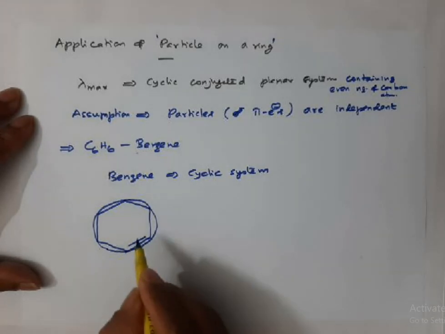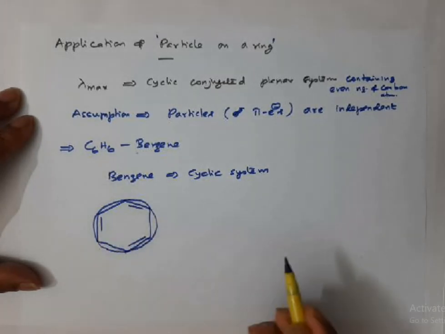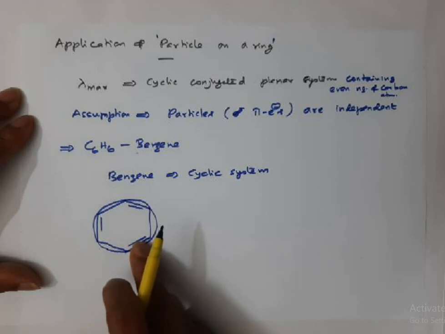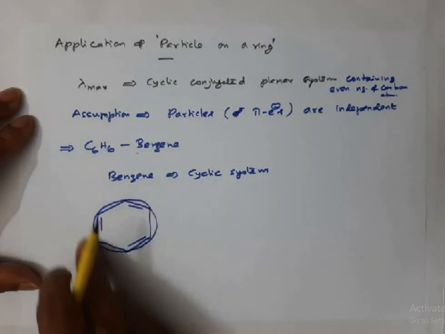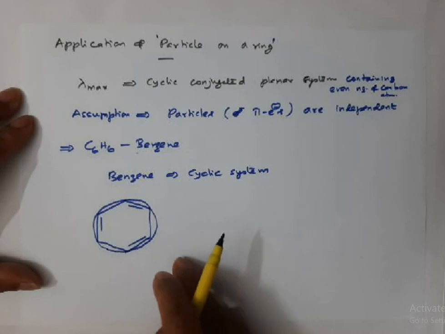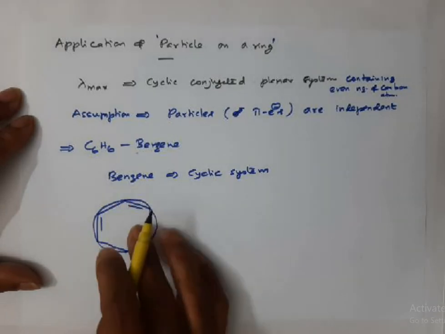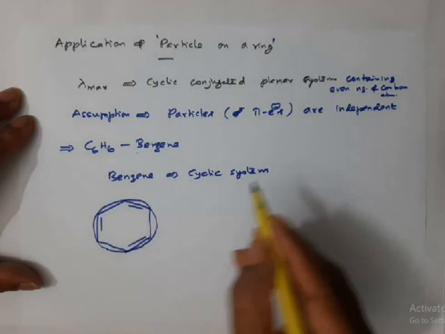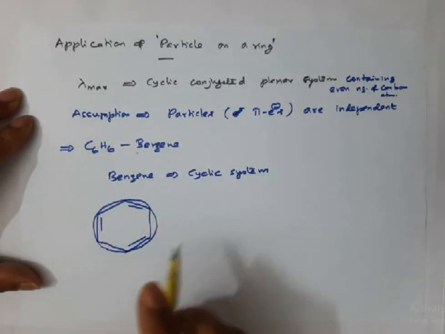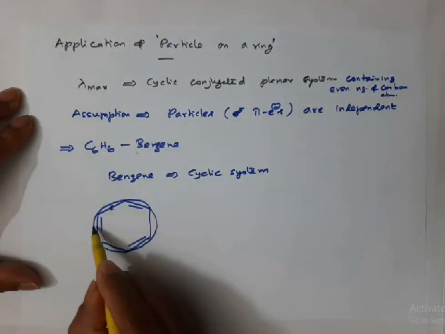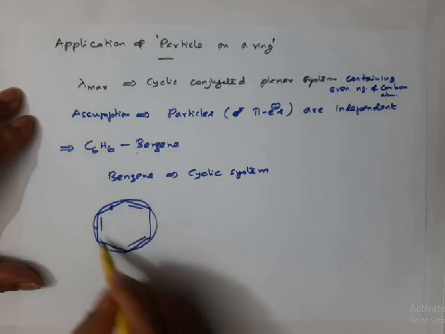You have alternate double bonds, and the double bond consists of pi electrons, and these pi electrons move freely throughout the molecule. In this model, assume that the electron is moving only on the circumference of this circle.